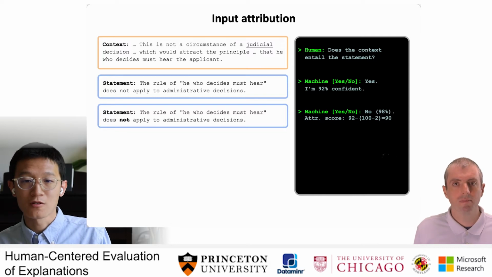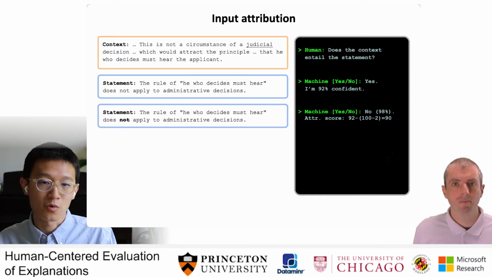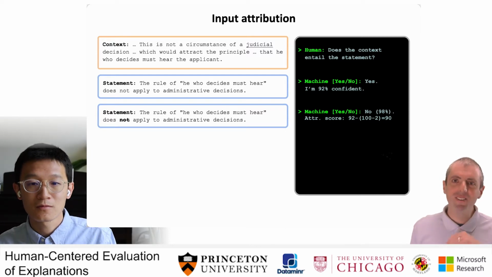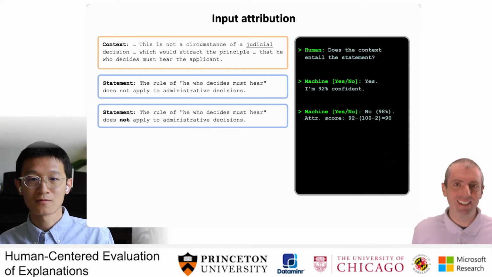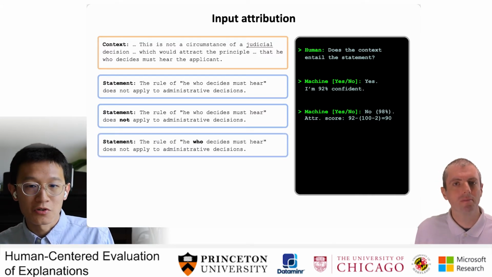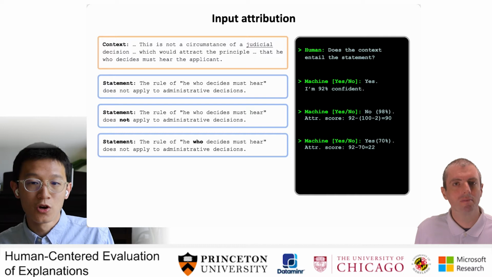So the confidence difference and the attribution score is 90%. Can we see that for a different word that isn't as load-bearing? How about who? Removing it only slightly decreases the confidence, so it gets a lower attribution score, 22.